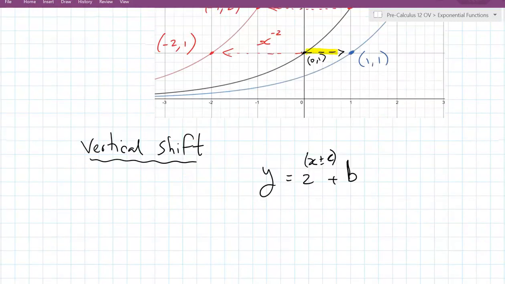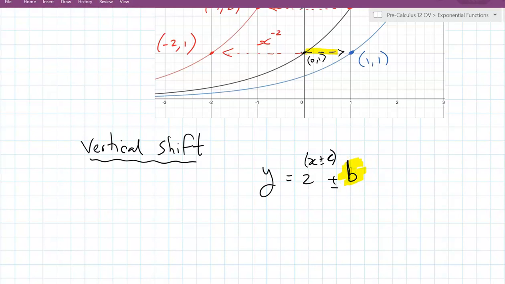So just a reminder about the vertical shift. We talked about this last video. The value of b, plus or minus b, I can put it in here if you want to, that's okay. This plus or minus b is your vertical shift. The graph goes up or down.